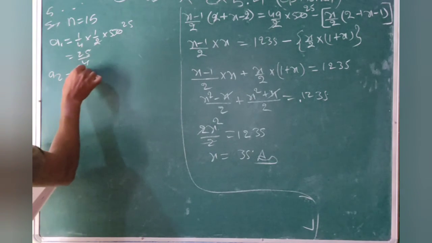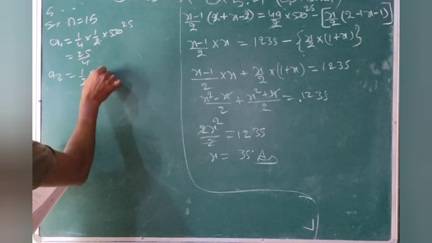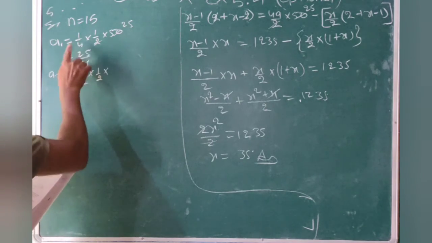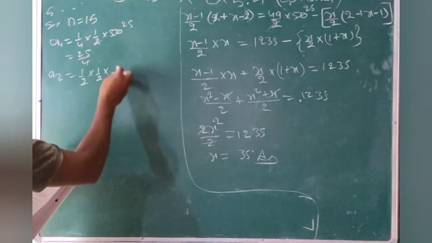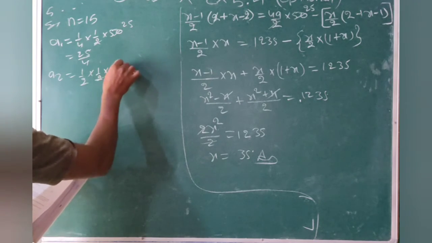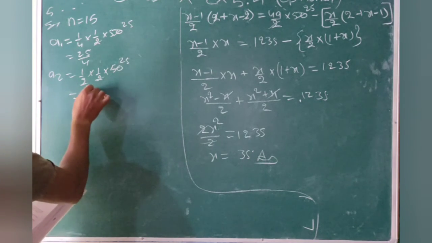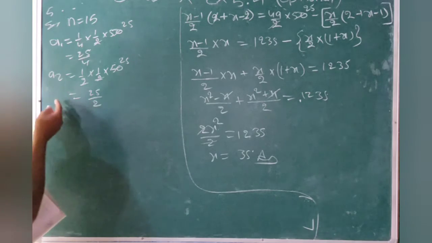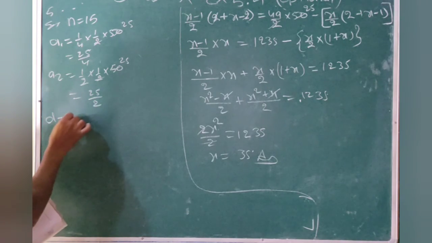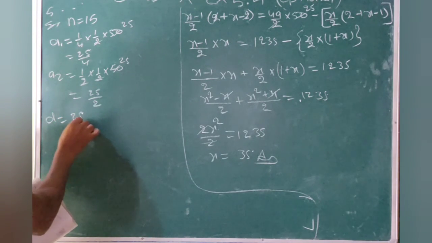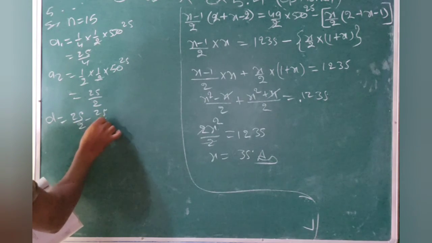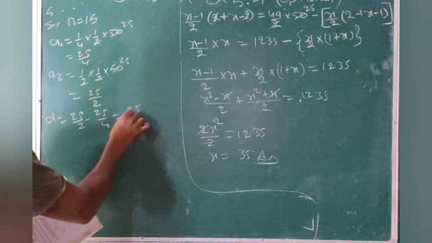A2 will be 1/2 into 1/2 into 50, because 1/4, then after 1/2 that will be increased, so that will be 25/2. Now D is equal to 25/2 minus 25/4, that will be 25/4.